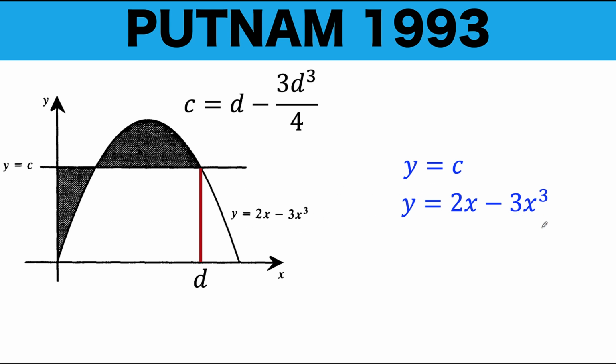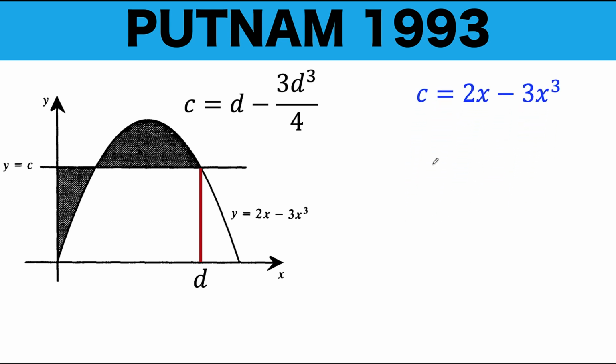Now, let's go back to the two given functions, y equals c and y equals 2x minus 3x cubed. Let's solve these two equations simultaneously. We now have an expression for c in terms of d. So evaluating this equation at x equals d, because d is a point here, the value of c is 2d minus 3d cubed.